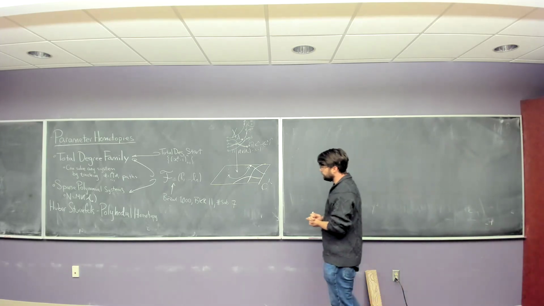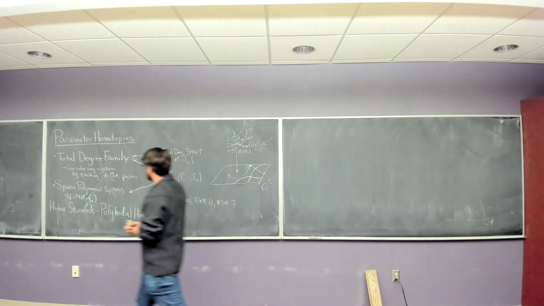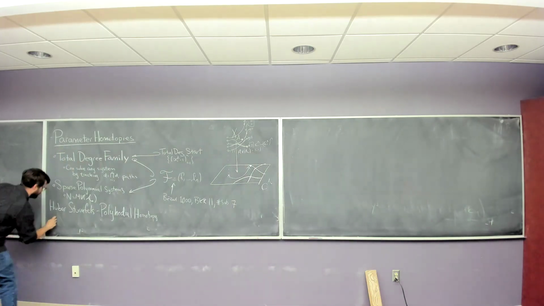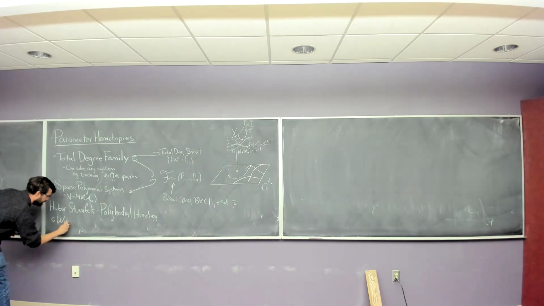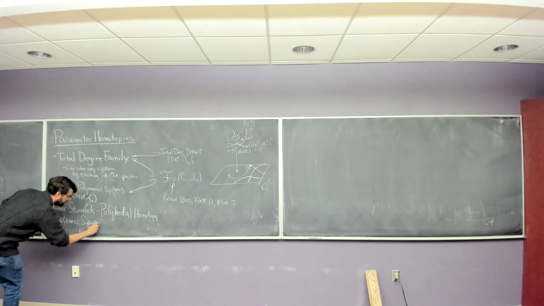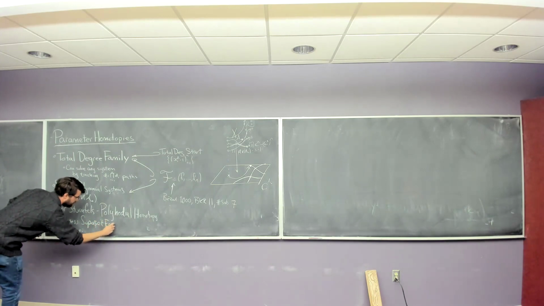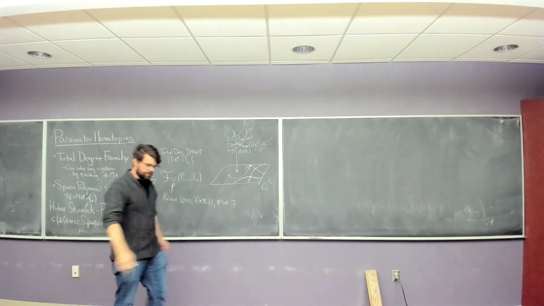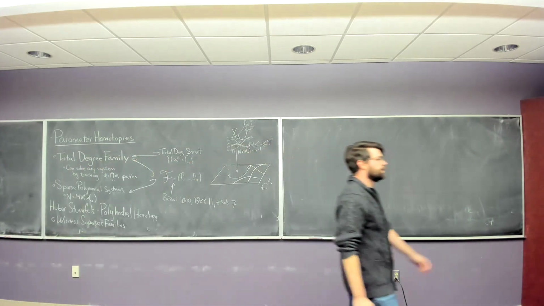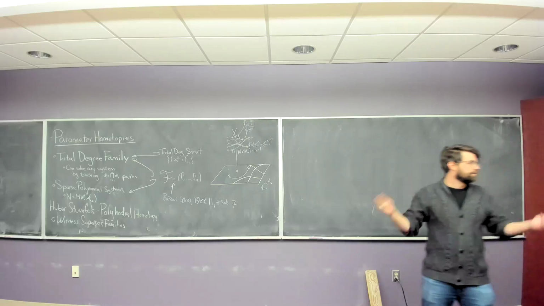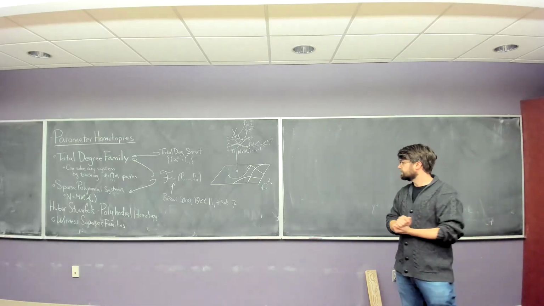Okay, and so what else did we talk about besides total degree families and sparse families? We talked about witness superset families. This is when you have an underdetermined polynomial system, so that you expect some large dimensional solution set.